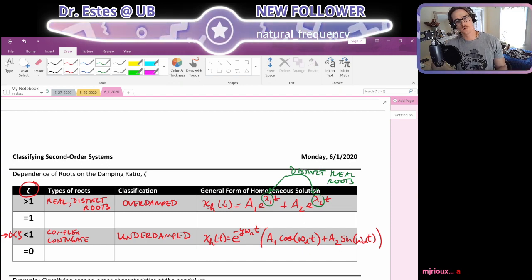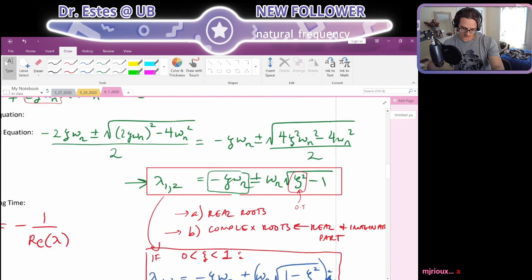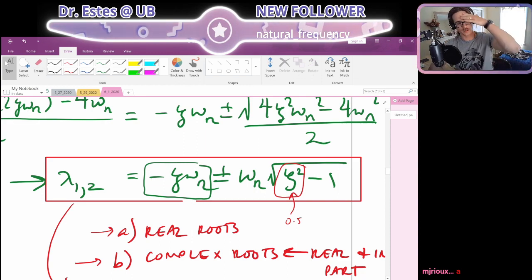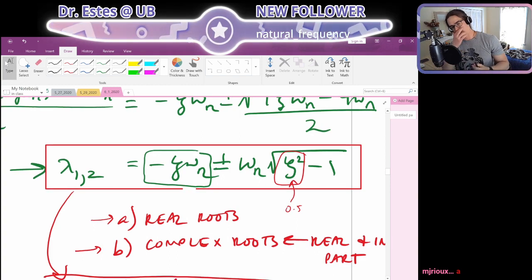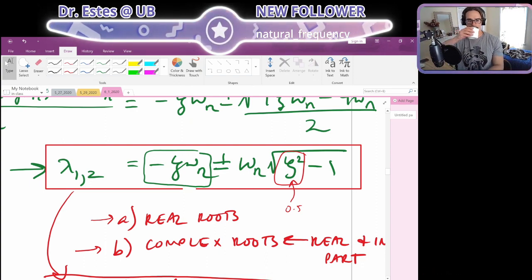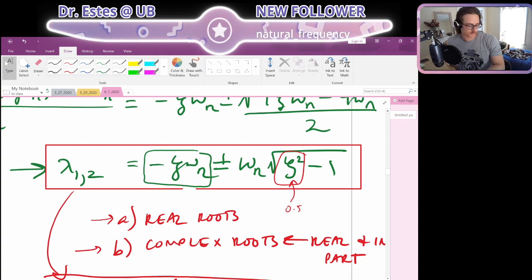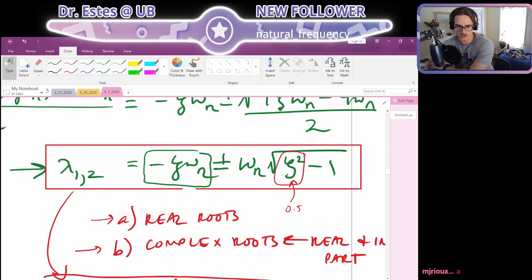All right, next, let's look at what happens when the damping ratio is equal to 1. So these are my roots. What happens if you set zeta equal to 1? Real, complex, A or B? A once again.